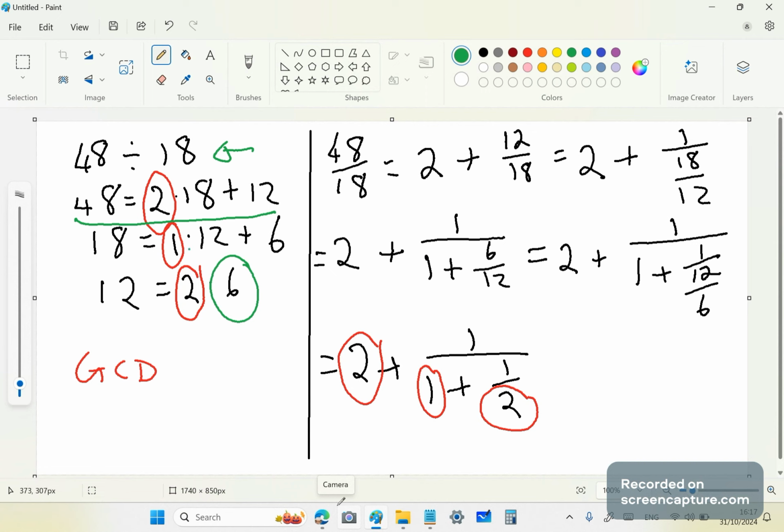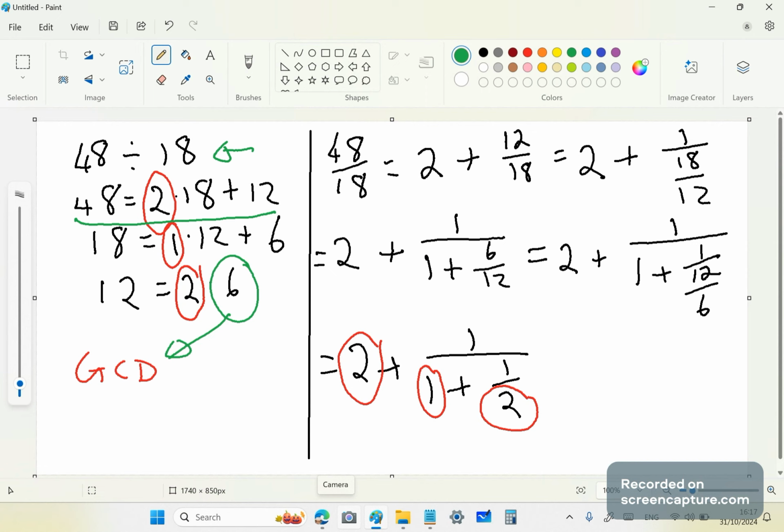Then we want to measure this divisor with the remainder, and it measures this divisor one time with a remainder of 6, and finally 6 measures 12 exactly 2 times. So, therefore 6 is the greatest common divisor, I'm sorry.